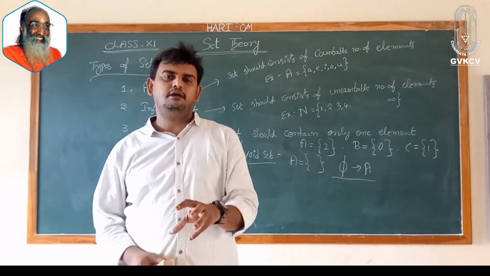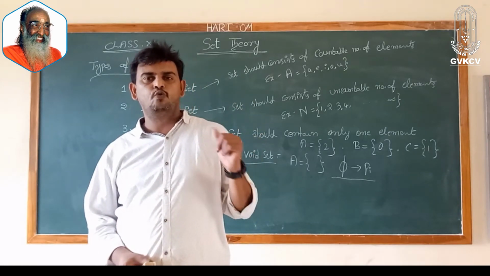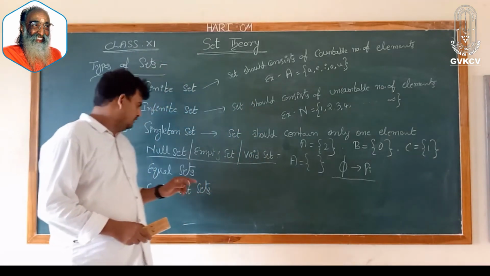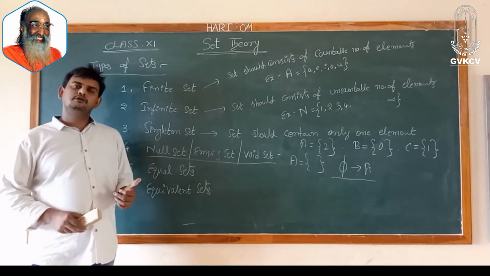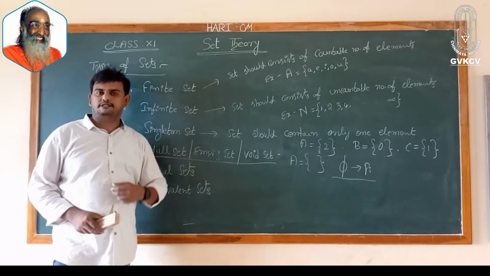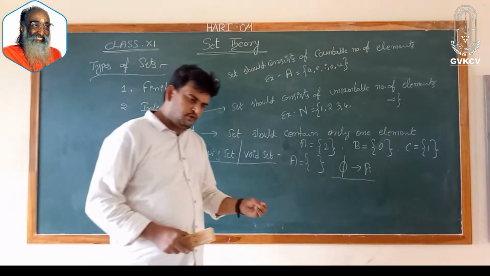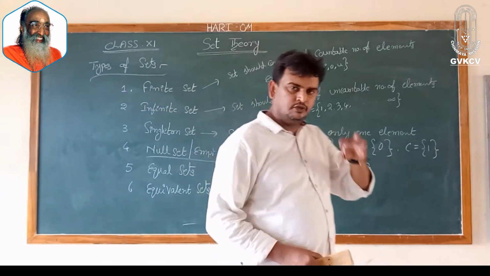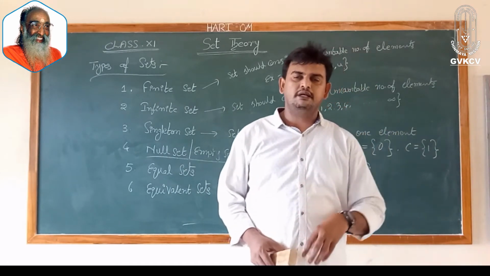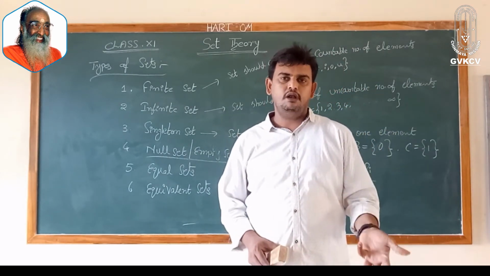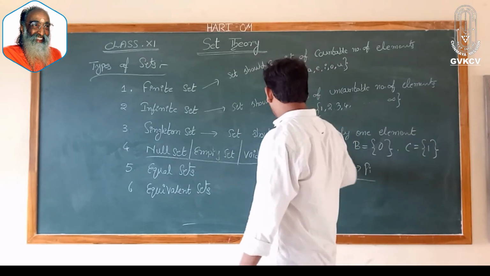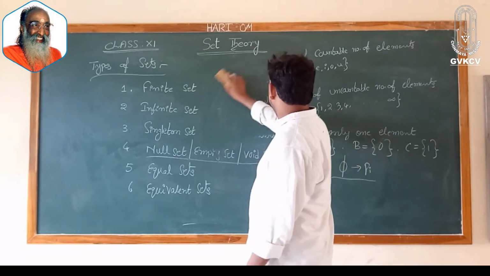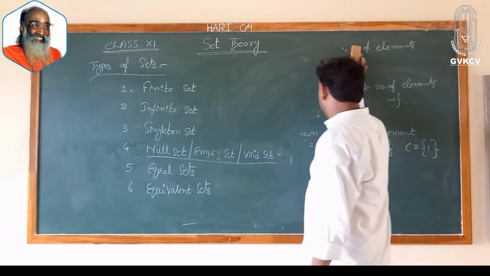Similarly, when we are discussing equal sets, here also we need minimum two sets, so that I can observe those two sets and decide whether they are equal or unequal.